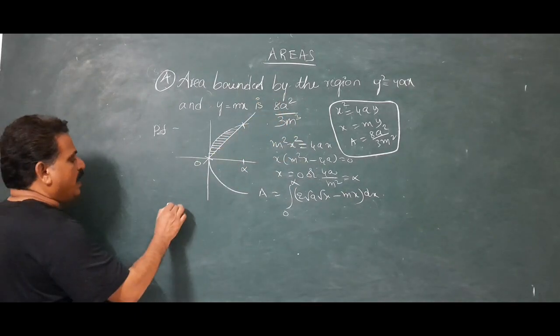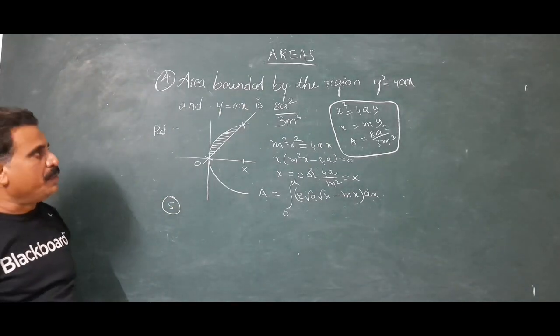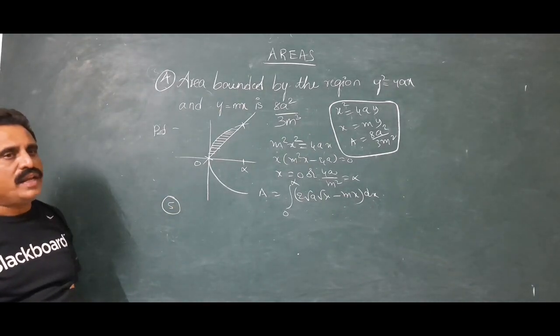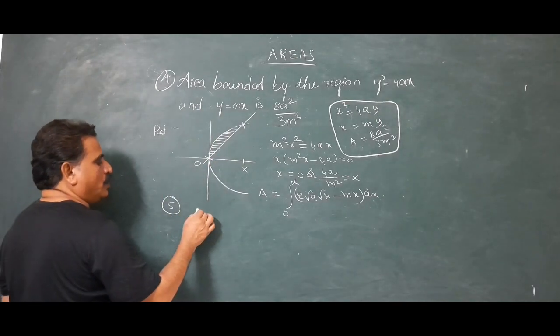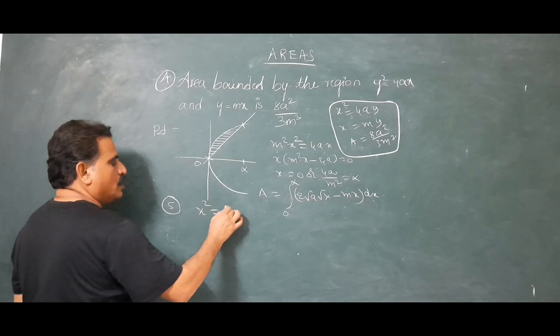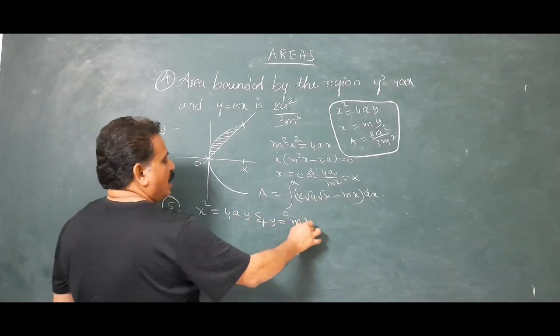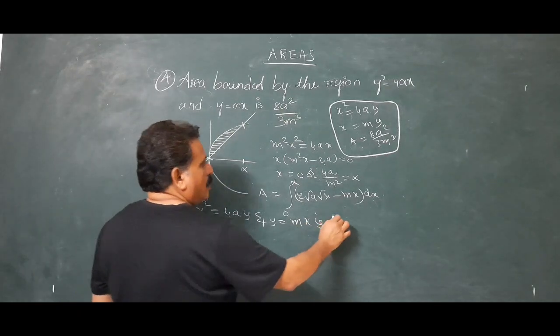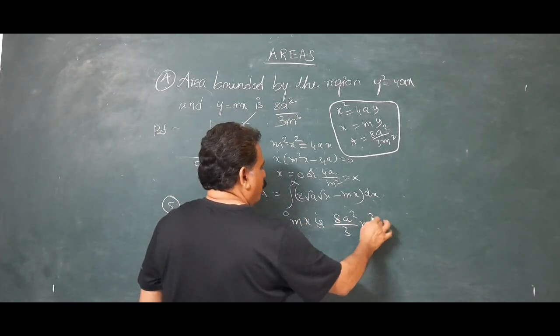Next, one more point, point number 5. The area bounded by the curves x² = 4ay and y = mx is 8a²/3m³.